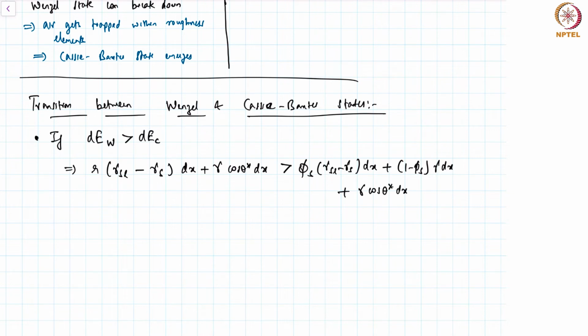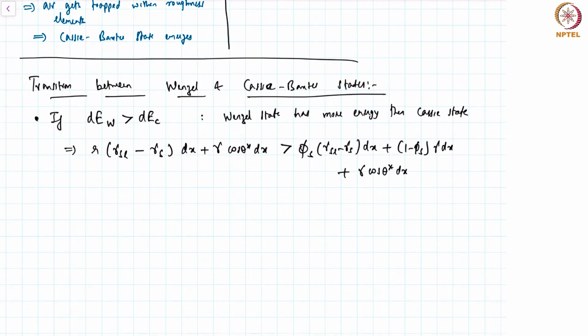When this happens, it means that the Wenzel state has more energy than the Cassie state. So the system will try to move towards the Cassie state if this is the situation where dE_W becomes larger than dE_C.